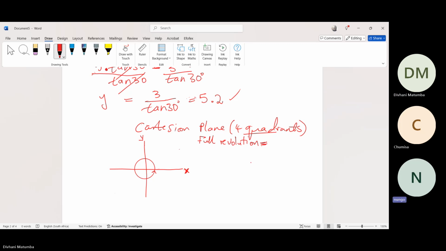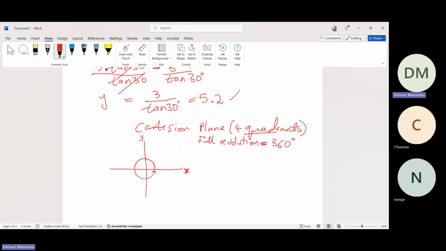Nungo? 360 degrees. Tumisa, do you agree? Yes, sir. From here to there, it is 360. Okay, so that 360, we will divide it into 4 parts.